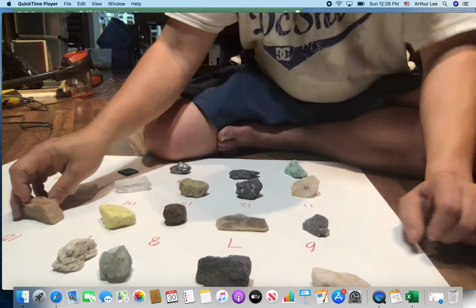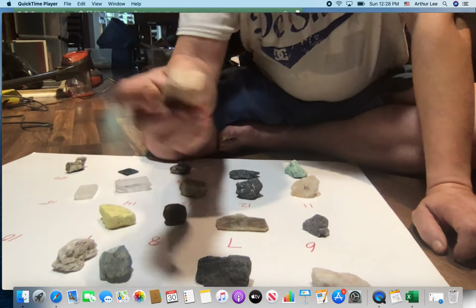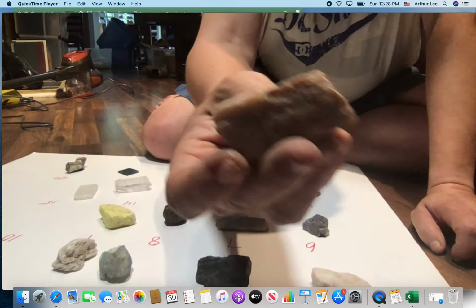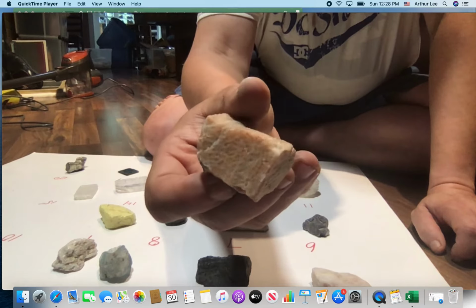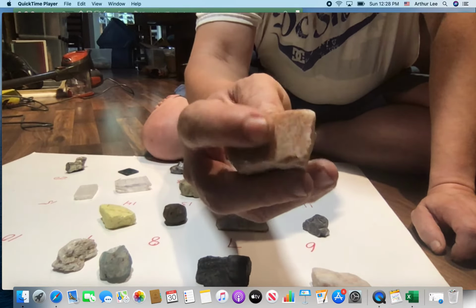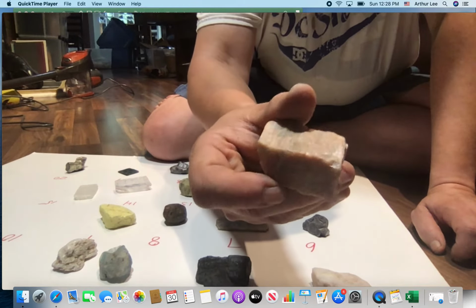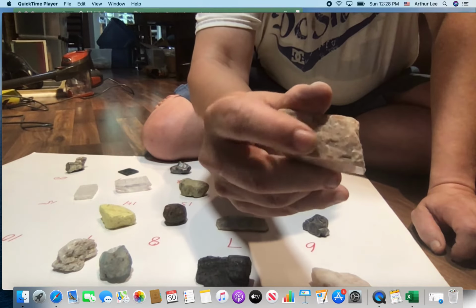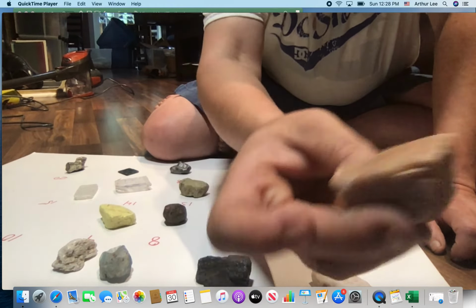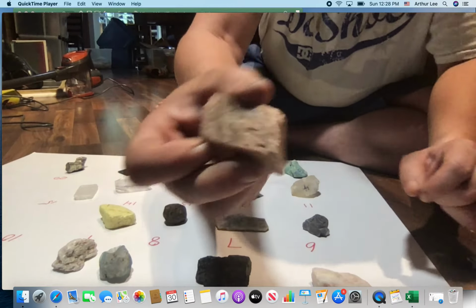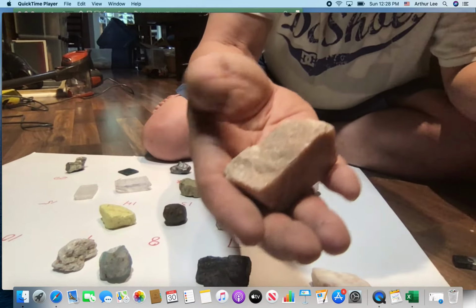Number 10. Mineral number 10. You see flat planes of breakage there? You can see them in lines on this side here. Color helps with this mineral. What color is it?